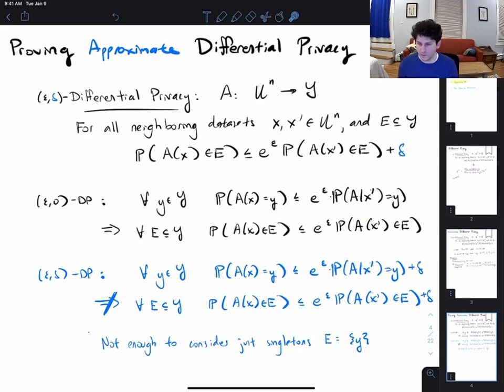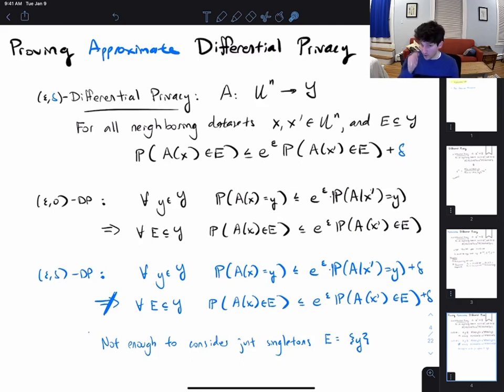In the proof, we said for all individual outcomes Y, the probability of getting Y under A of X wasn't too much bigger than the probability of getting Y under A of X prime. And we said that implies the definition as written, where we don't just ask about individual outcomes Y, we ask about events or sets of outcomes E.